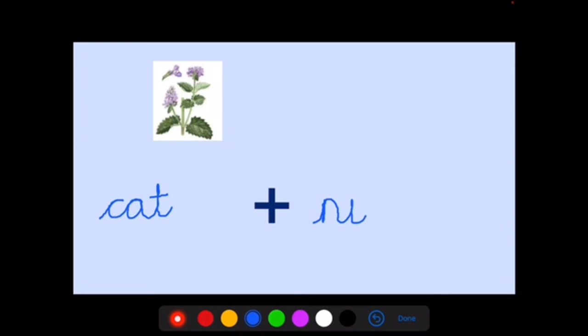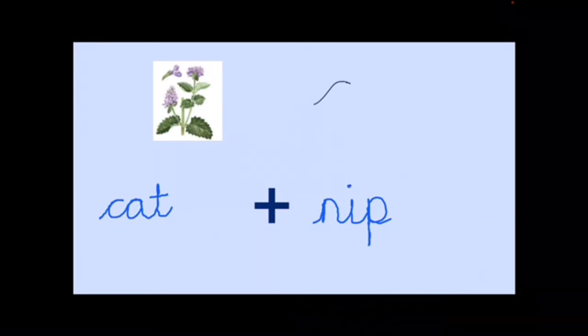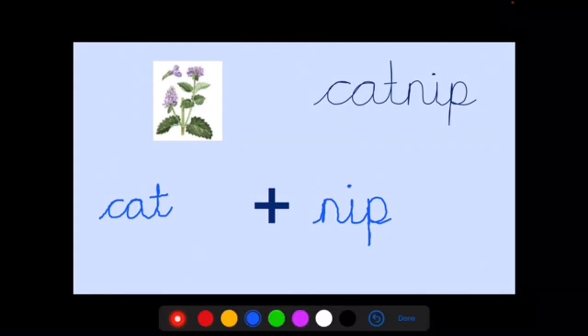Cat, nip. Two words you know. But we join them together when we write the name of this herb. Catnip. Cross the T, dot the I when we've finished. And K was written with a C because it was followed by the letter A.